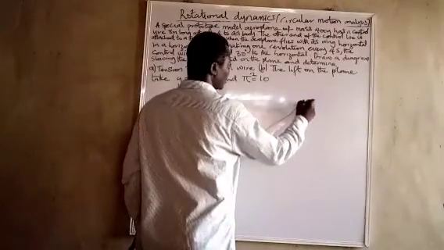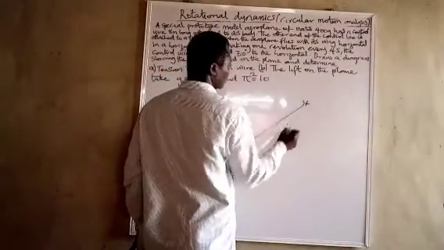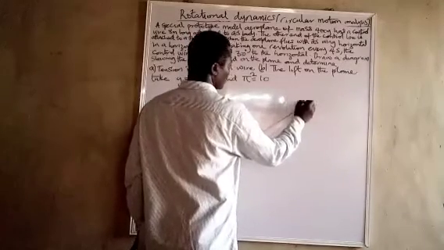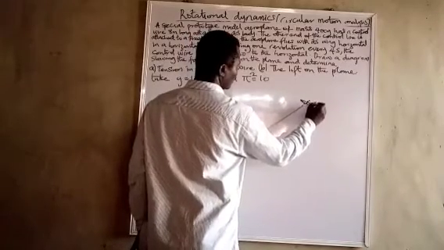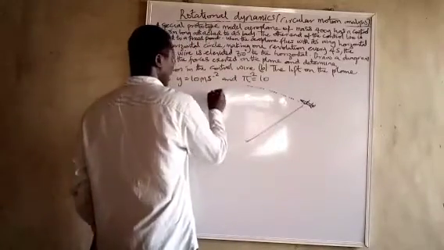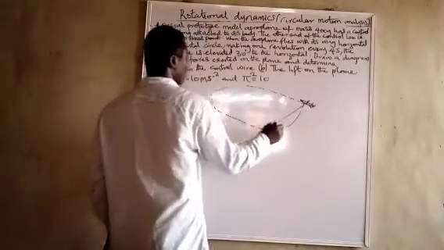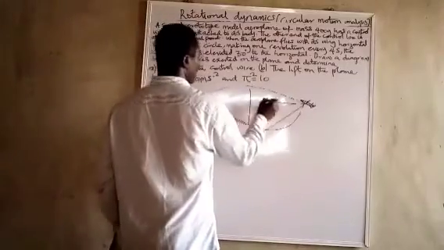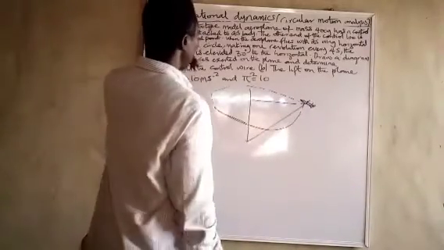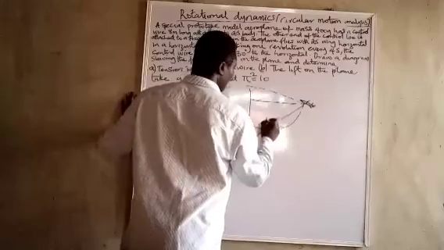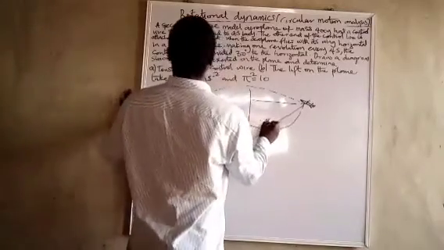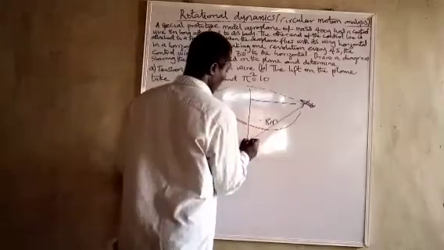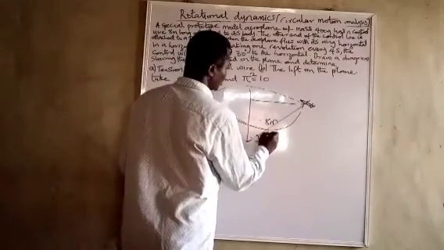And this represents the plane. Let me draw this way. So it is now moving around at the top like this. The length of this wire is given as 8 meters. I was told that when it is moving, it is 30 degrees to the horizontal.